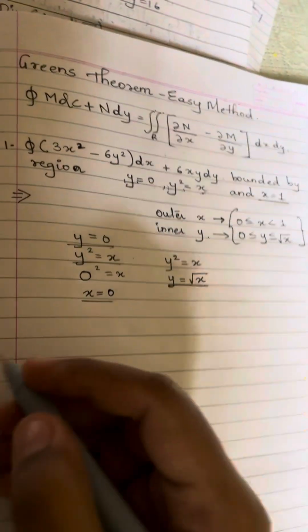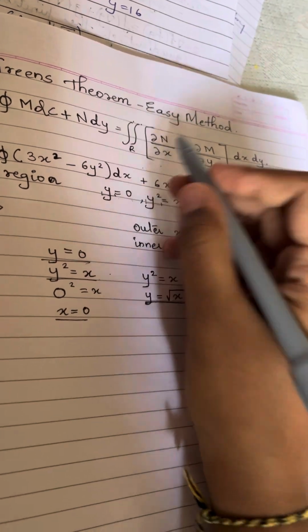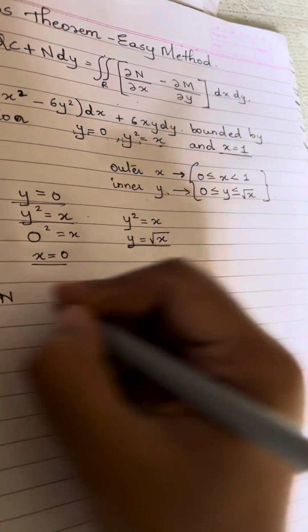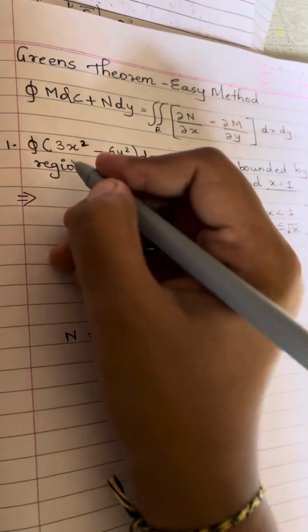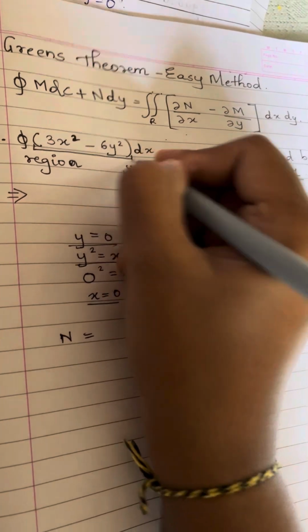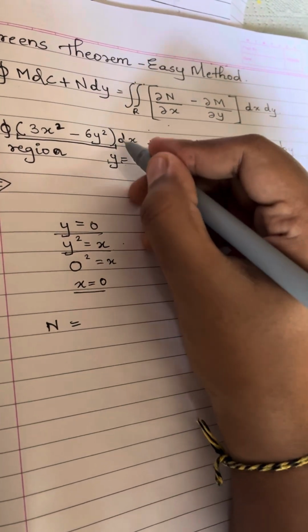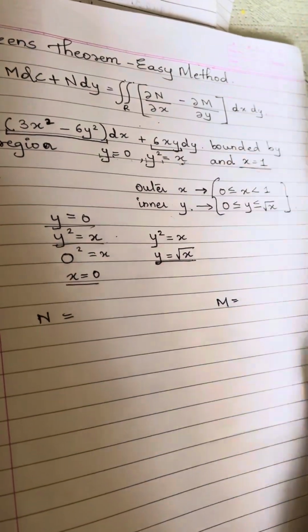Now for the formula, we want N and we want M. M is this part in the question and this part is your N. Don't include the dx and dy, because they are there in the formula later.